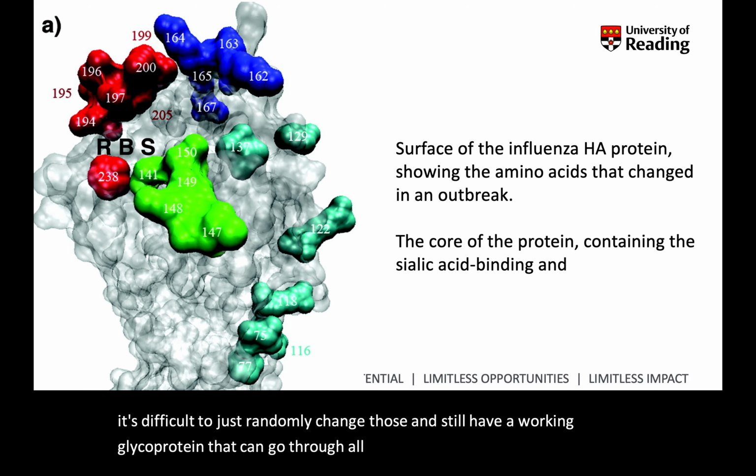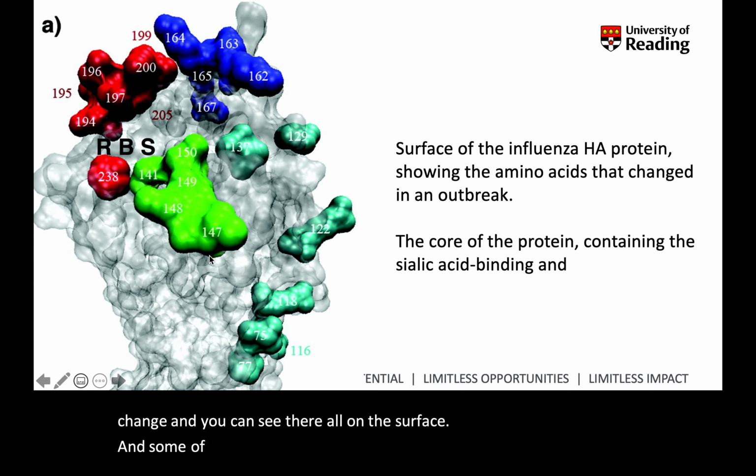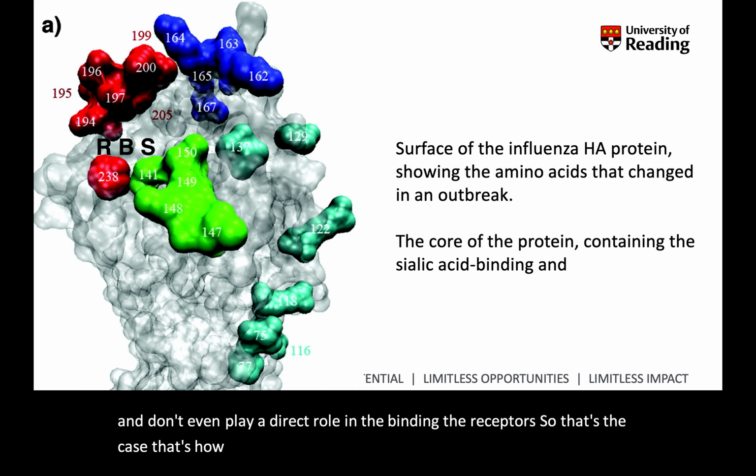The thing that changes tends to be surface loops, and so here are all the amino acids that change, and you can see they're all on the surface, and some of them are even in these sort of floppy loops that just hang out here and don't even play a direct role in binding the receptors. So that's how Ebola and pretty much any virus changes as it's evolving.